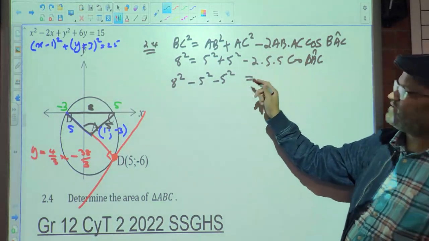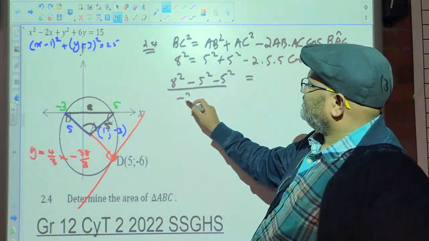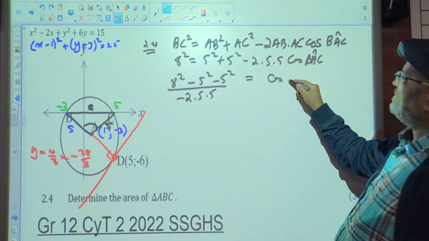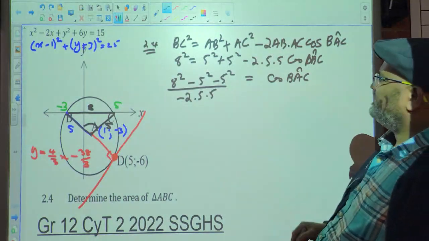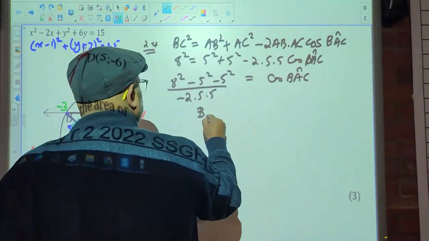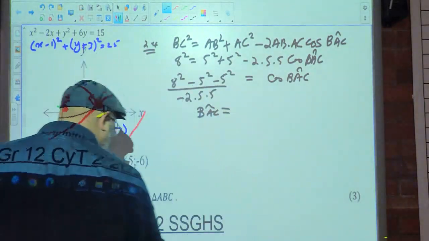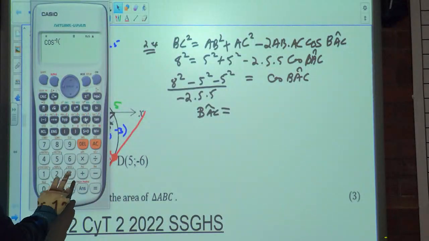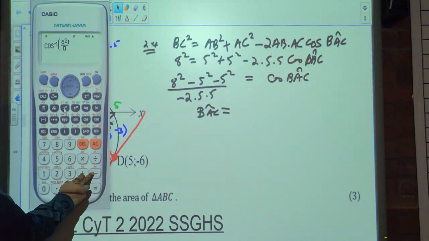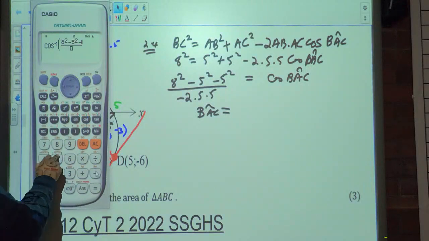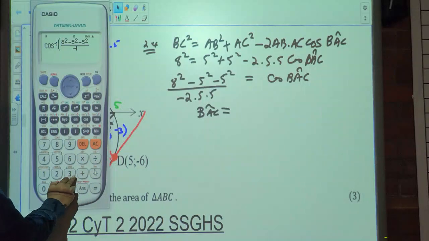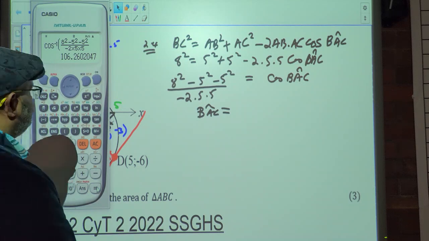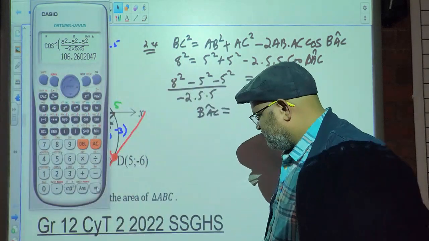So I divide by its product, negative 2 times 5 times 5. So angle BAC is simply going to be arc cos of (8 squared minus 5 squared minus 5 squared) over negative 2 times 5 times 5. Gives you 106,26, which means to say it's obtuse.